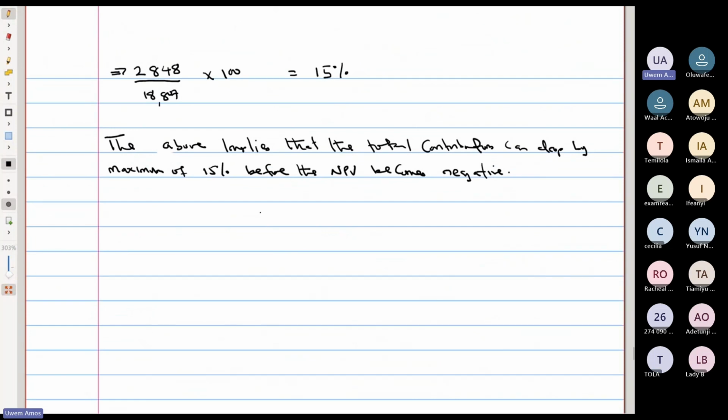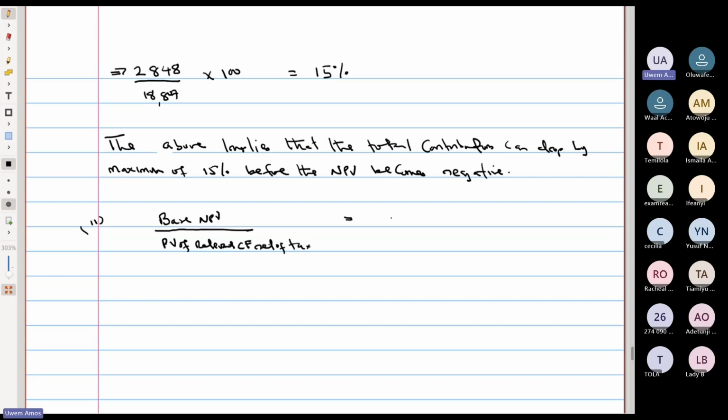So our formula does not change. As long as they're looking at the sensitivity of the project to something, our formula does not change. It is our base NPV, 2848, divided by the present value of relevant cash flow net of tax. Our NPV does not change.